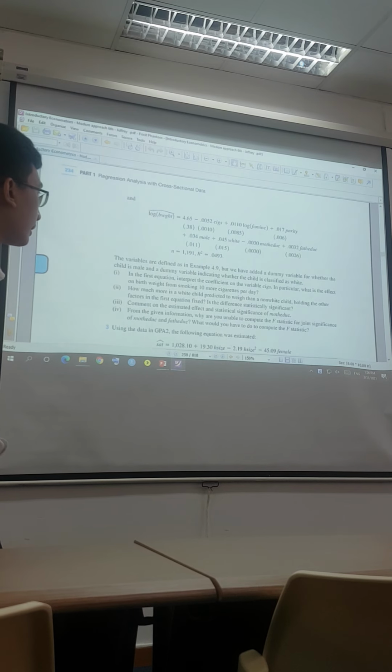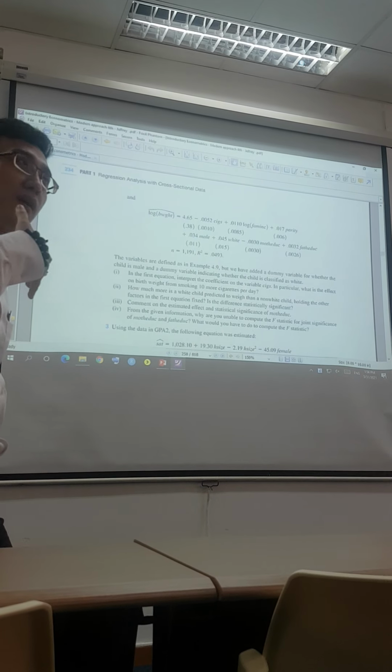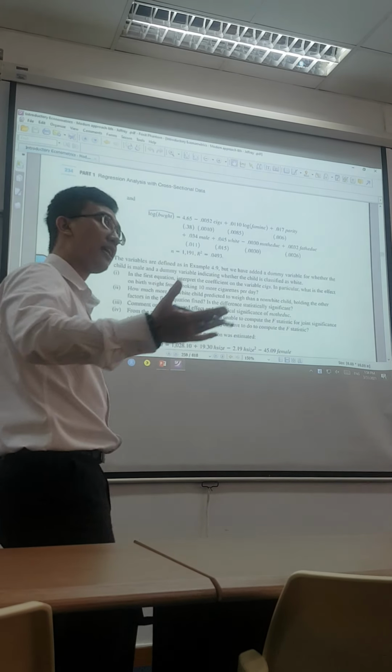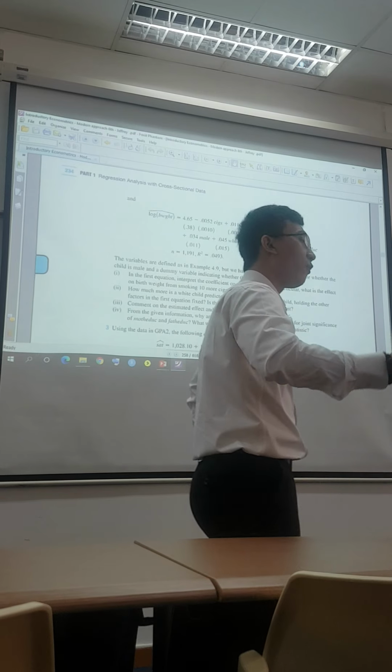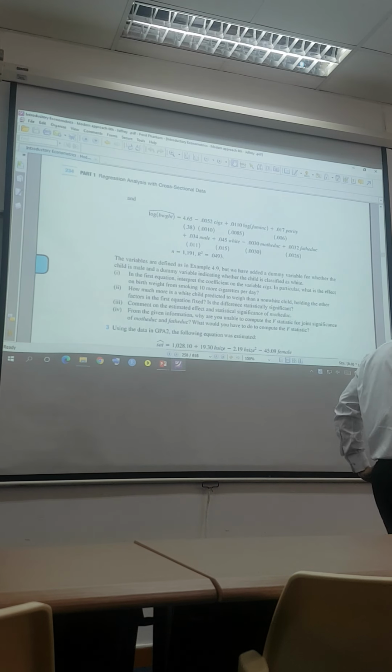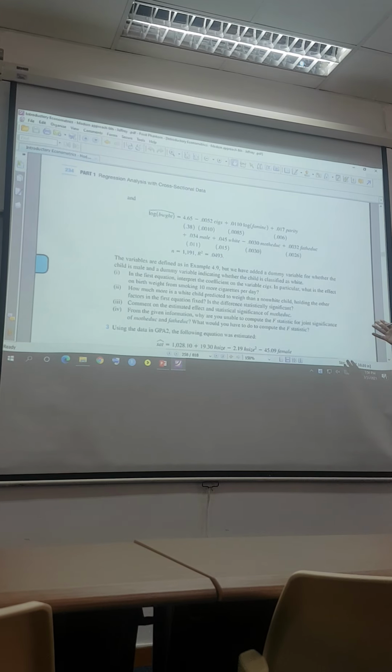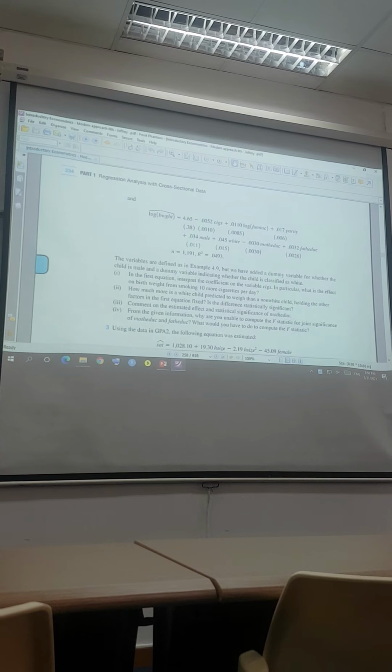But how about the estimated effect? The more educated the mother, the less weight or the more weight of the child? How about the direction? So less than 0.